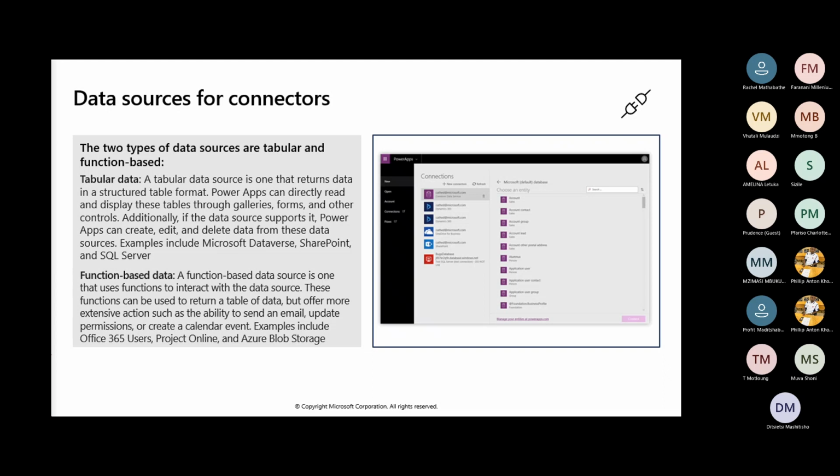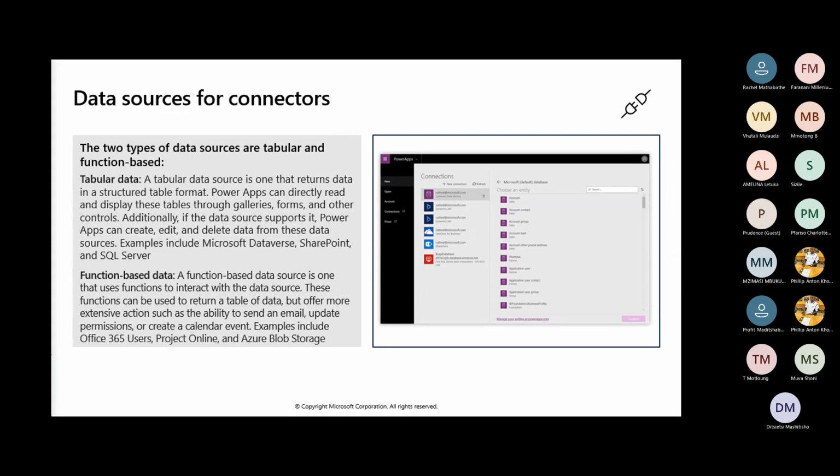Additionally, if the data source supports it, Power Apps can create, edit, and delete data from this data source. For example, tabular data, you would find it in Microsoft Dataverse and SharePoint, as well as SQL Server.